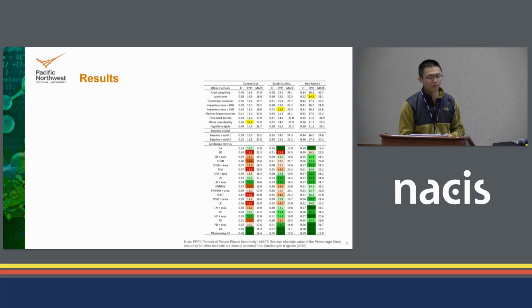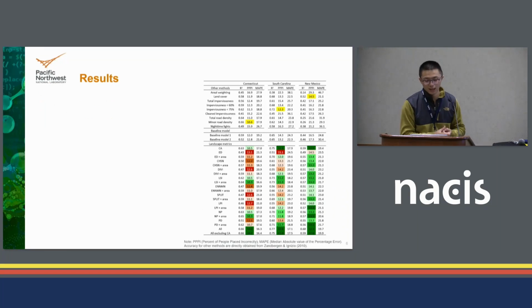And we also have other ancillary datasets such as land cover, total imperviousness, and a cleaned version of the imperviousness, the total road network, and the cleaned version of the road network, as well as night light imagery. If we simply observe the upper portion of this table, I have highlighted the best performing other models for the three states.